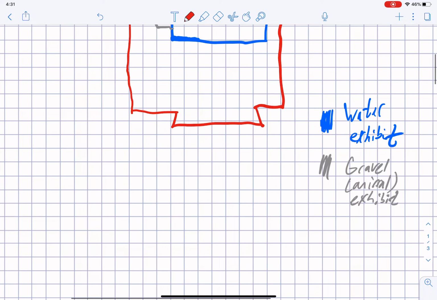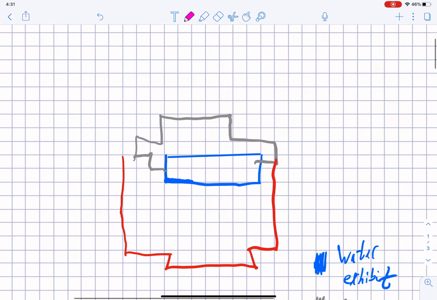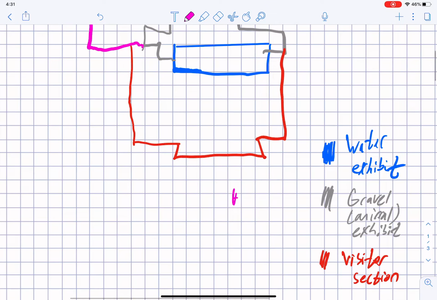Right, so if we go back down here, this is our visitor section. We also have, if we go back up, the refrigerator or the back of the house off exhibit for the zookeepers to be working. Kind of like that.